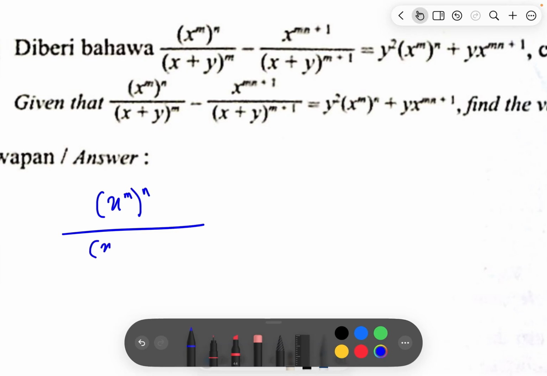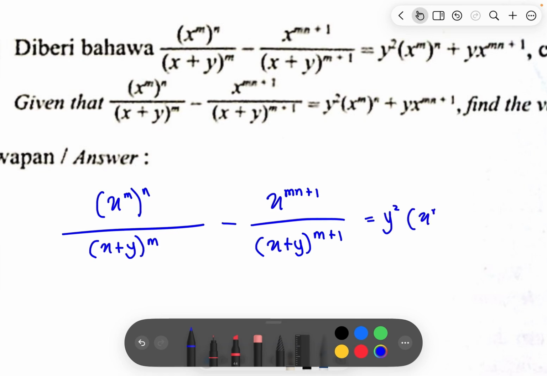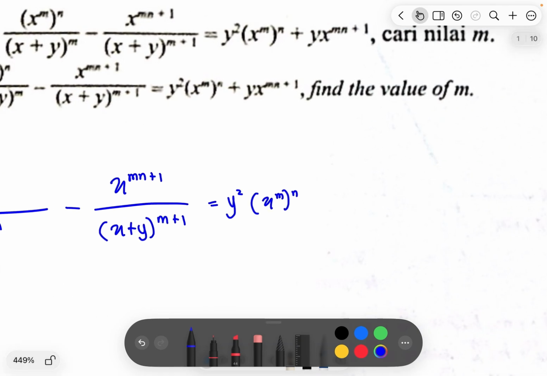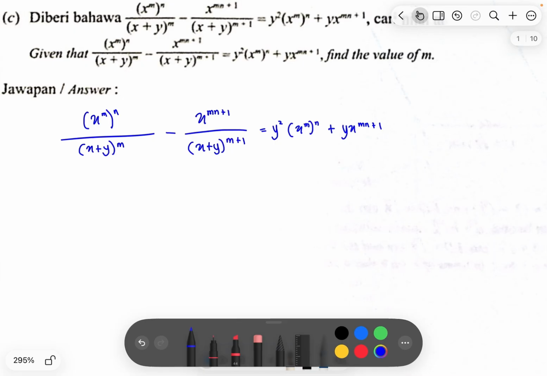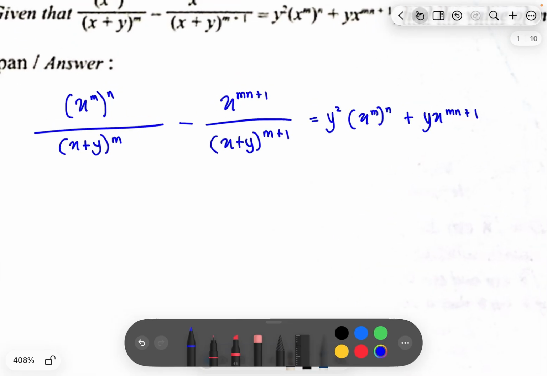Okay, so they want us to find the value of m, and do you guys notice how we have like 1, 2, 3, 4 unknowns? So how are we going to find the 4 unknowns? How are we going to find the value of n?